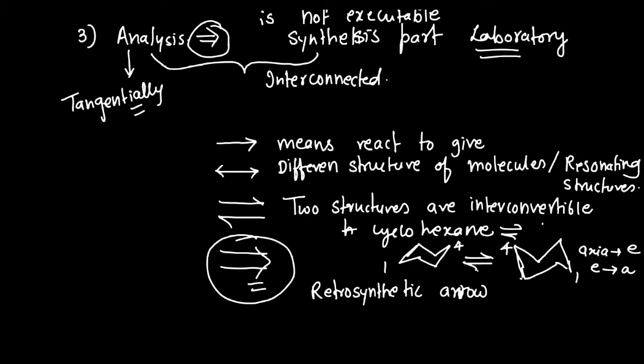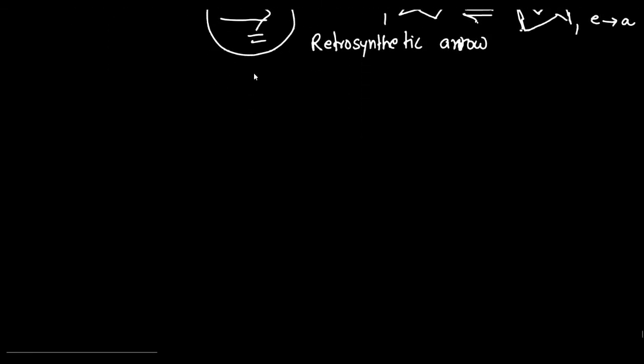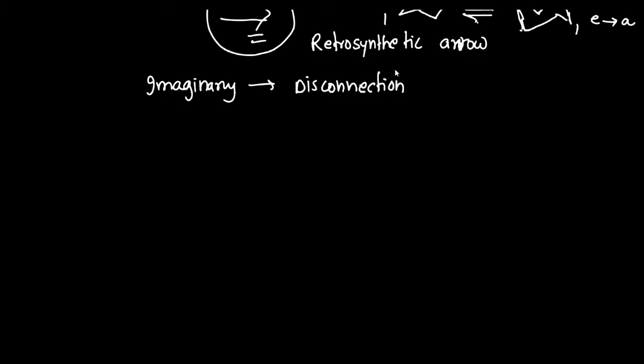To summarize, in the imaginary approach we are dealing with disconnection, and in the real approach we are dealing with FGI, that is, functional group interconversion. Now let us see the most important example, that is the ester.